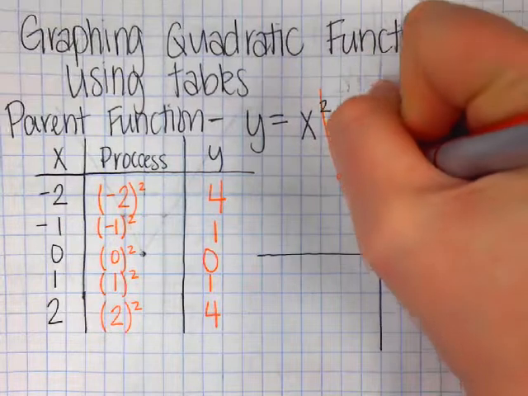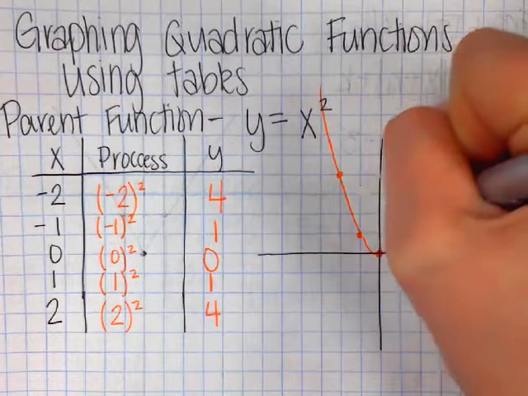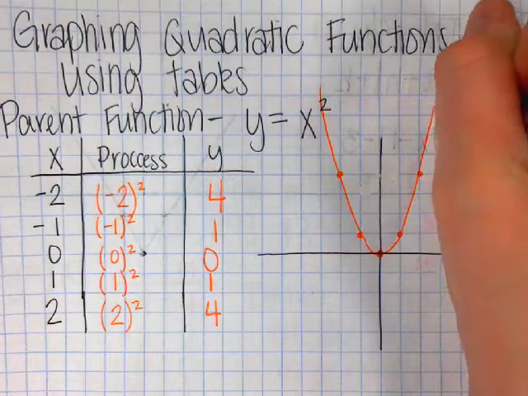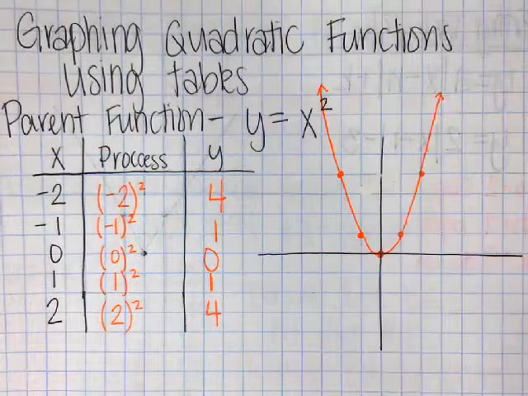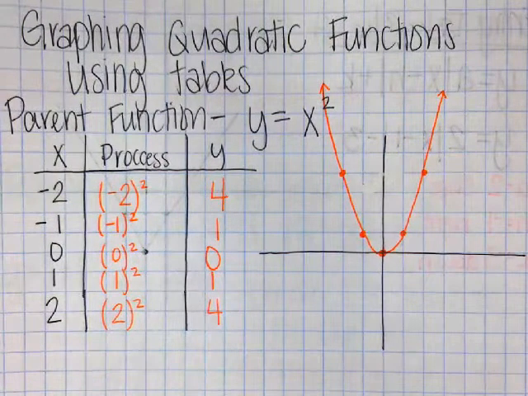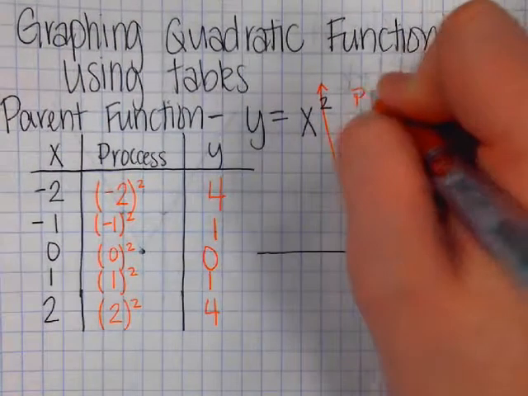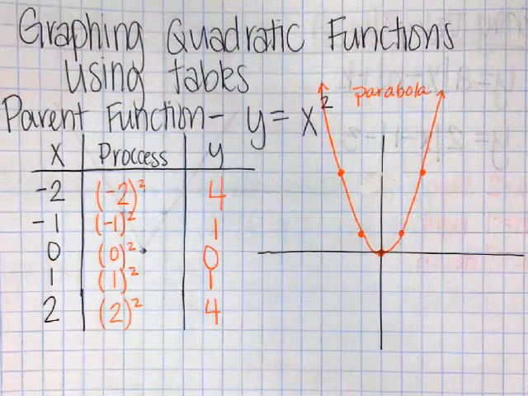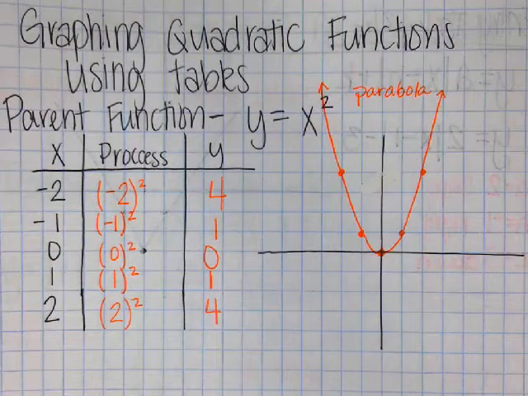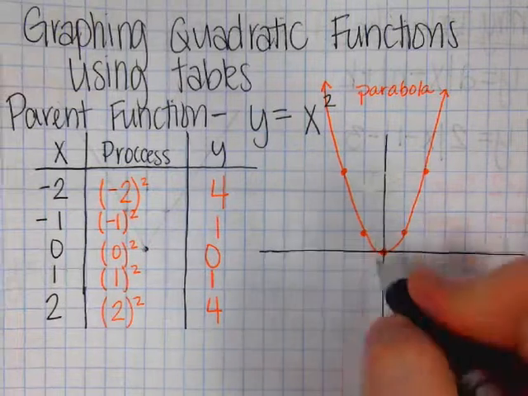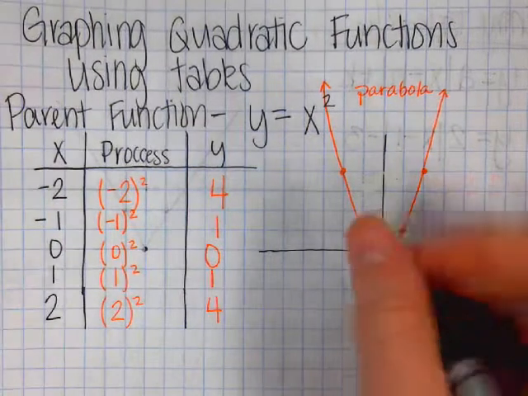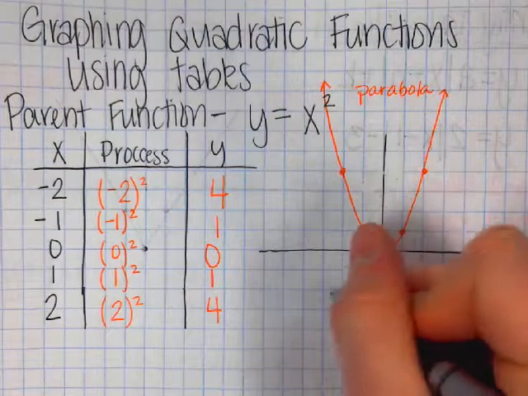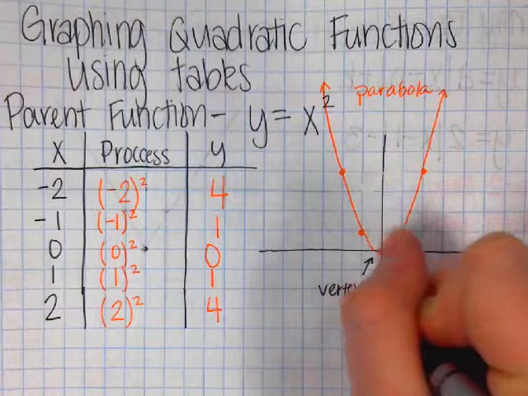So remember, this U, or the shape of a quadratic, is called a parabola. I always have people pronounce it funny. It's called a parabola. Okay, a few things about a parabola. Remember, this is called the vertex. That point right there. My arrow's not very good.